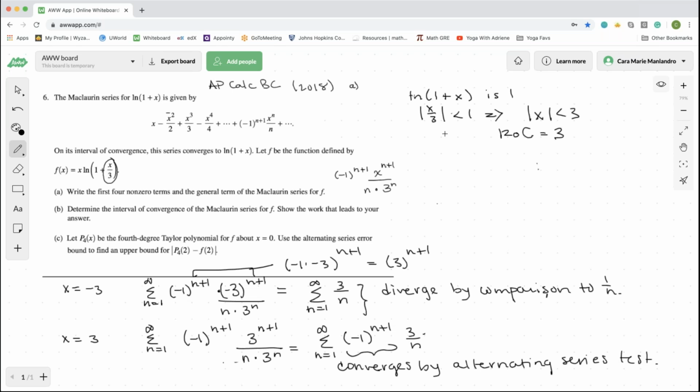Okay, so then my full interval of convergence, that left endpoint is open because I diverged there. And the right endpoint is closed. Okay, does anybody have any questions on how we got there?